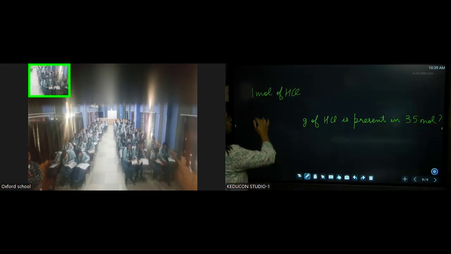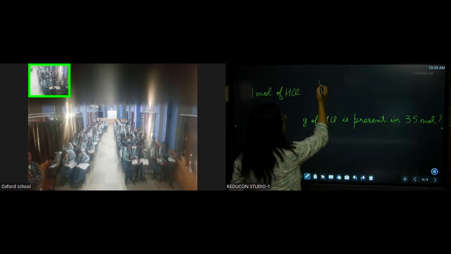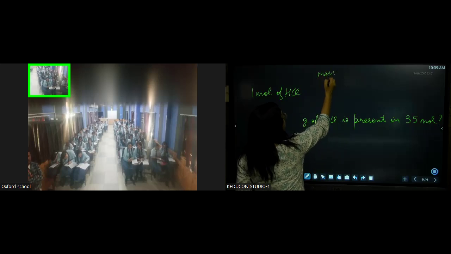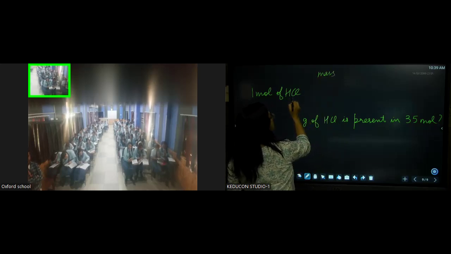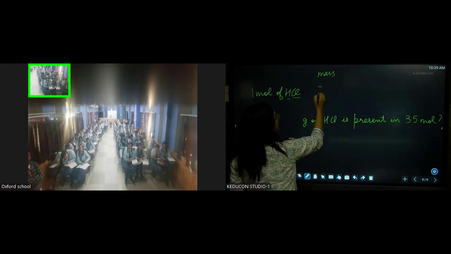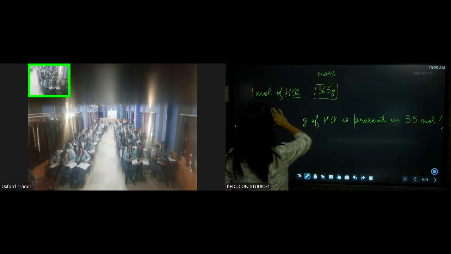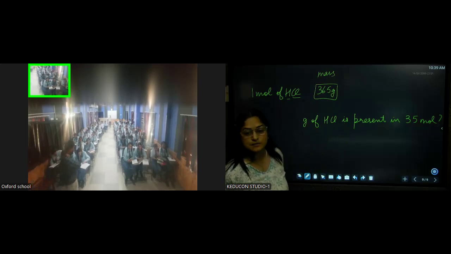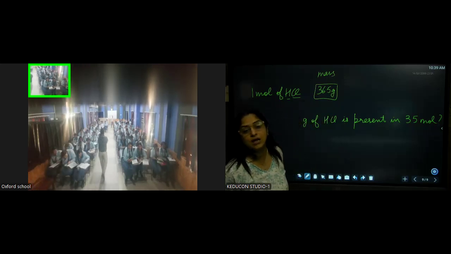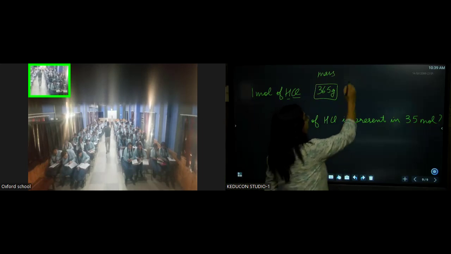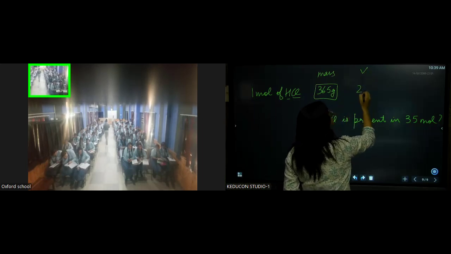See, what you have to do: you have HCl. What is the mass of HCl? Mass of hydrogen is 1 and mass of chlorine is 35.5, so this gives you 36.5 grams. 1 mole of HCl contains 36.5 grams. You should know the mass of HCl for this. Then talking about volume, it is fixed at 22.4 liters.